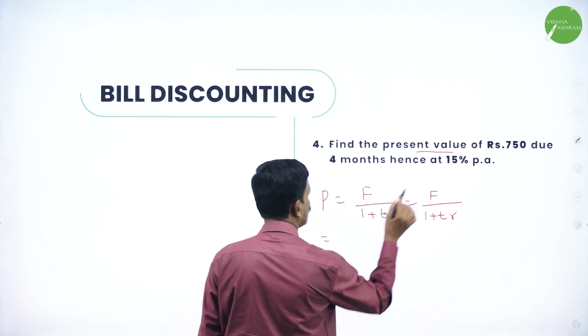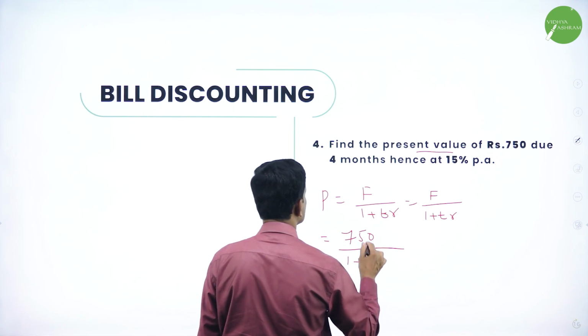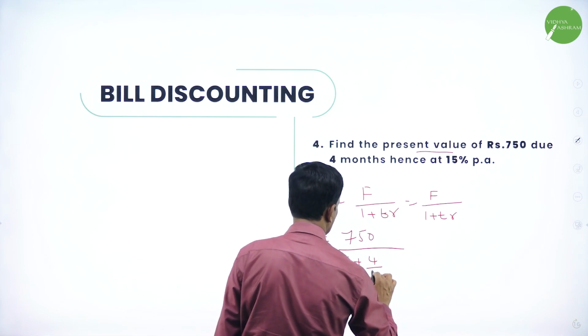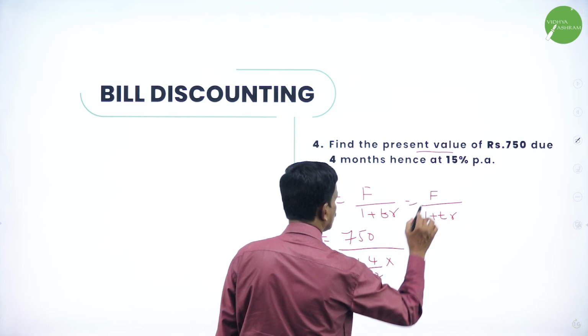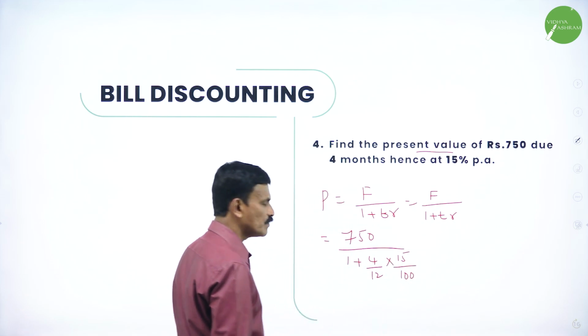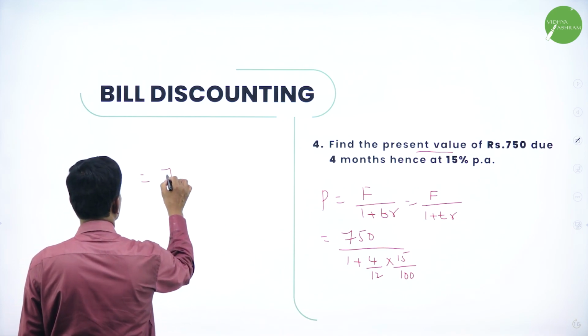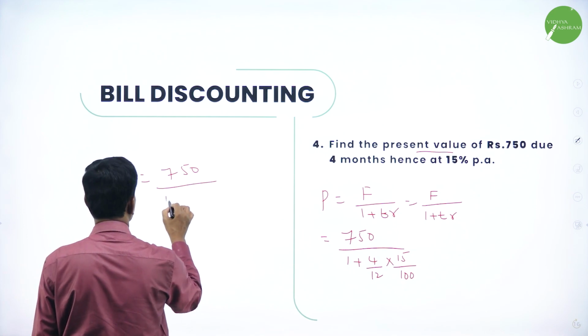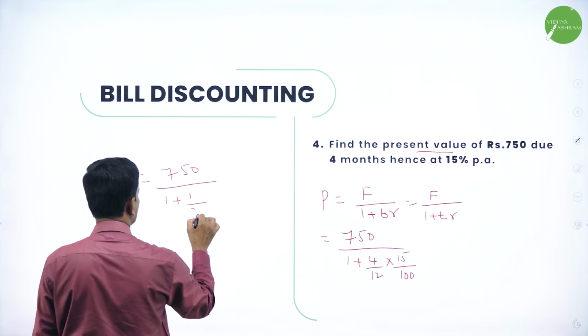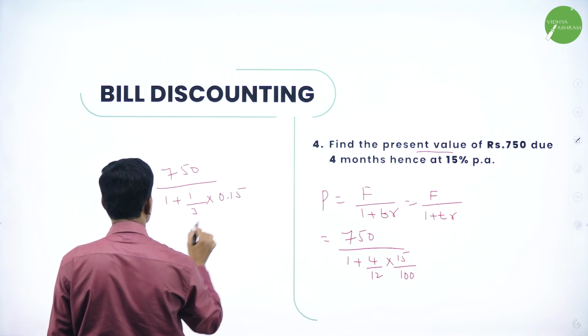Now what is F? F is given 750 divided by 1 plus, what is the time period? 4 divided by 12 into rate of interest is 15 divided by 100. Simplify this. So what is this equal to? 750 divided by 1 plus 4 ones are 4, 3 threes are 15 by 100 is nothing but 0.15.